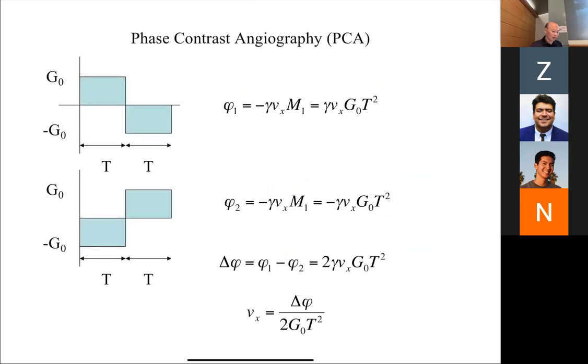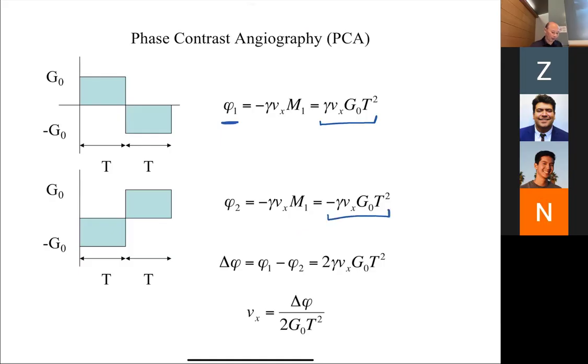What you can also do to make the technique more robust is acquire a phase with one first order moment. Anyways, we get one phase from one set of gradients flipped one way, and then we can flip them the other way and get the equal and opposite phase.